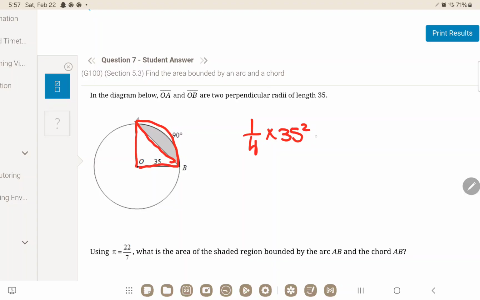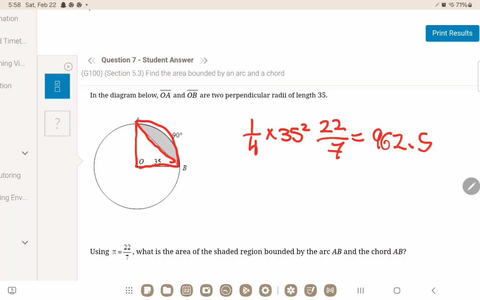They told us use pi as 22 over 7. So once you do this in your calculator, times 35 squared, you're gonna get 962.5.